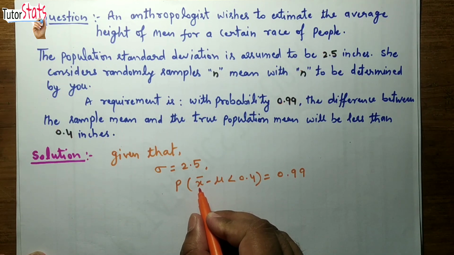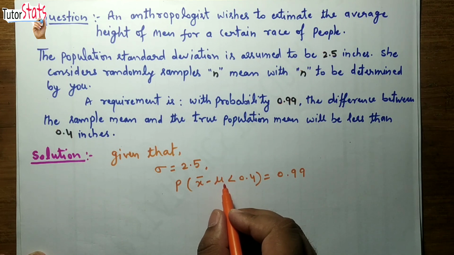Here x bar is the sample mean, mu is the population mean.